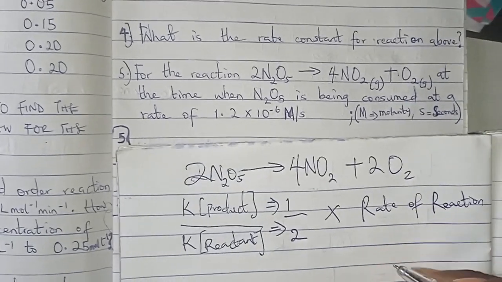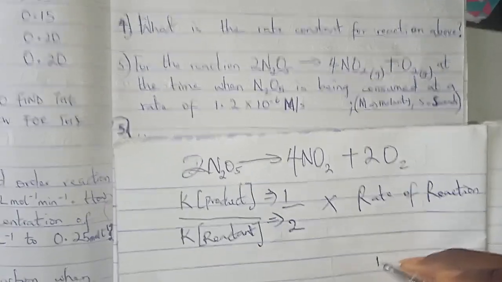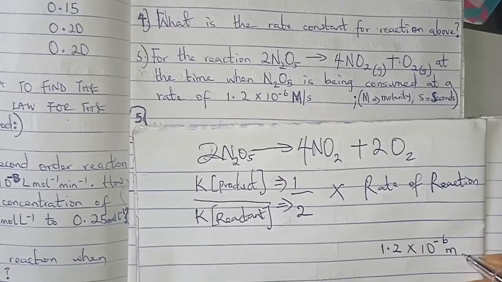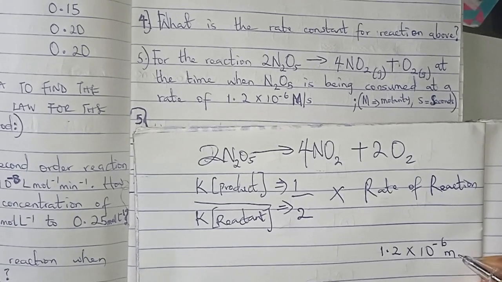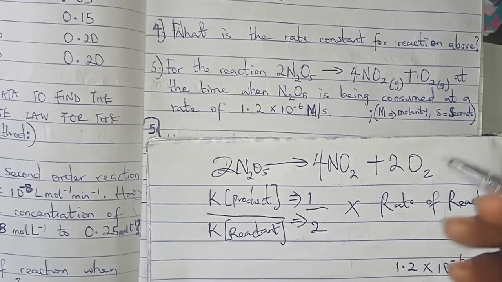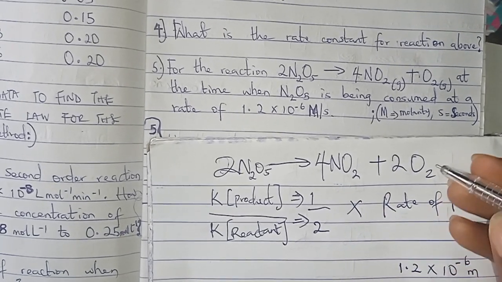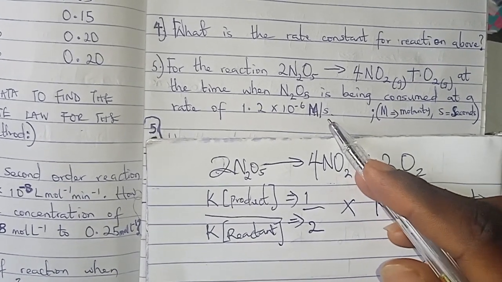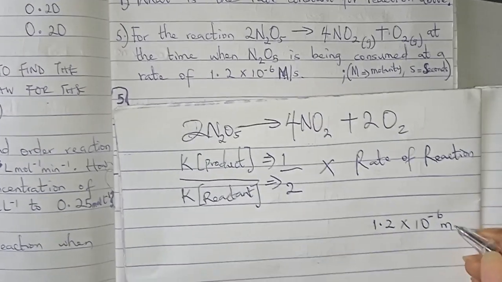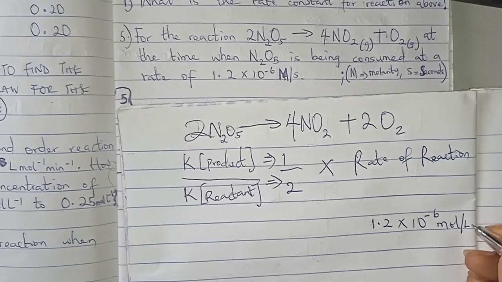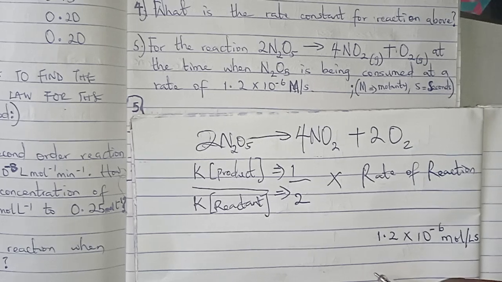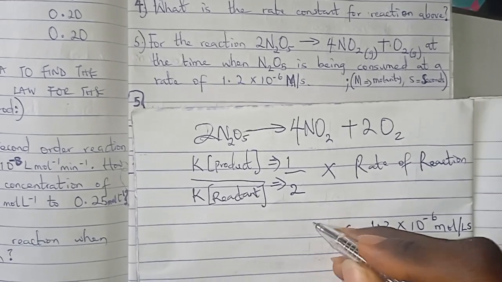And the rate of reaction here is simply 1.2 times 10 raised to power minus 6 M over S. They are saying molarity over S, and you know that molarity is the same thing as mole per liter, so mole per liter per second. So that is the rate for you, times 1 over 2.